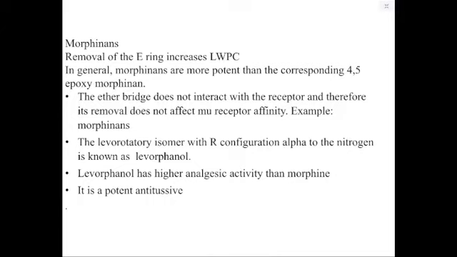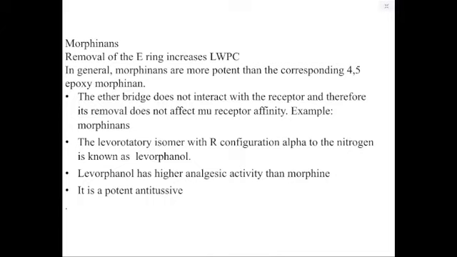So 4,5 epoxy morphinans are morphine and analogs. All you have done is add the E ring as 4,5 epoxy. And then since already you have given that ring system a name, you will now call them derivatives of morphinan. The ether bridge does not interact with the receptor, and therefore its removal does not affect mu receptor affinity.